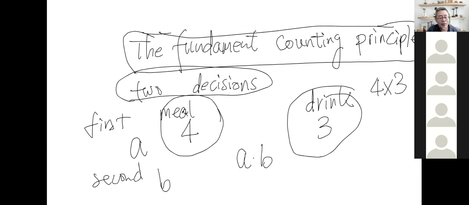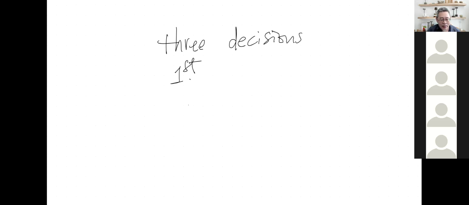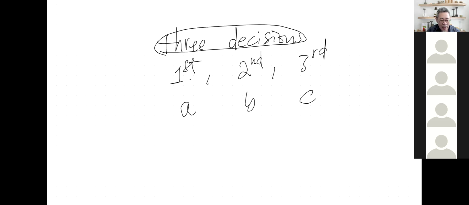Now, if you have more than 2, let's say you have 3 decisions to make, for the first one you got A choices, the second one B choices, the third one C choices. Then the total number of choices you can have will be A times B times C.